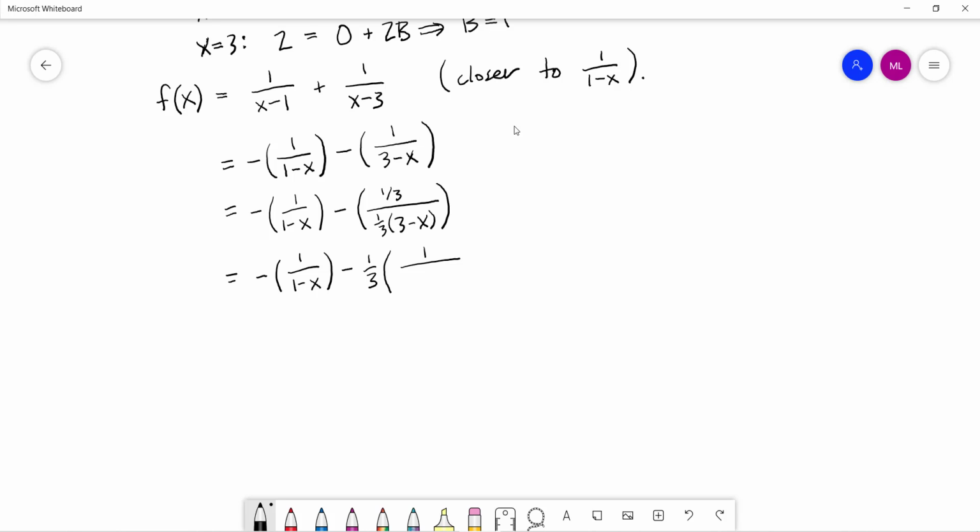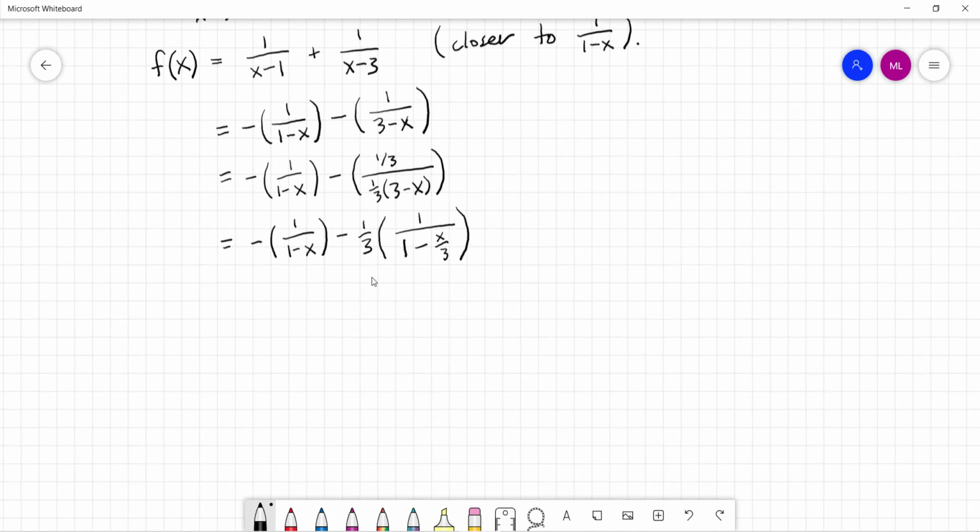So I'm going to get 1/3 times 3 is 1, minus a third times x is going to be x over 3. And now I've got something algebraically equivalent to this that looks a lot more like this piece over here. And I can do the substitution method where I basically just replace the x that shows up here with an x over 3. And we've just got a factor of a third sitting out in front of everything.